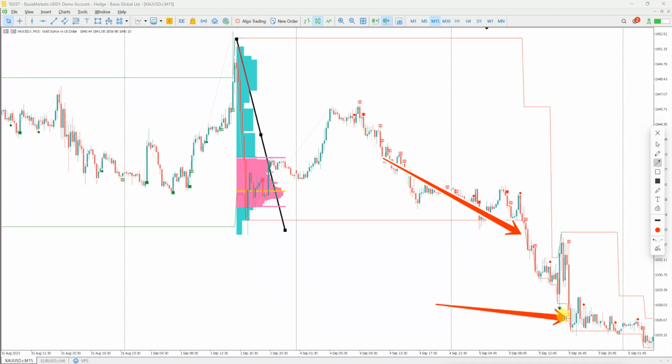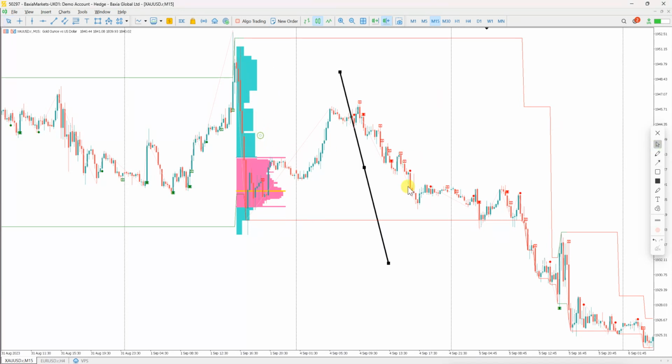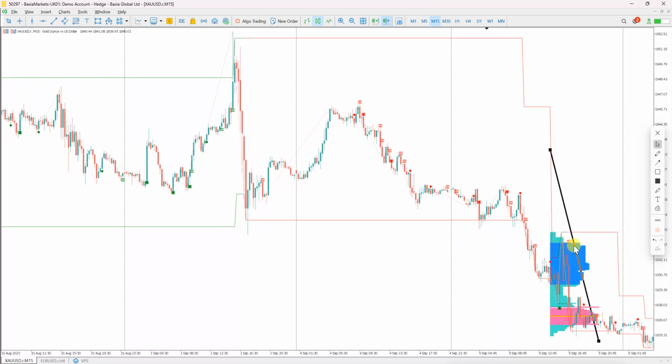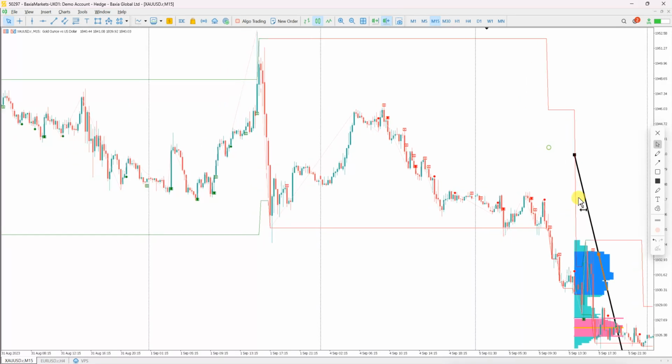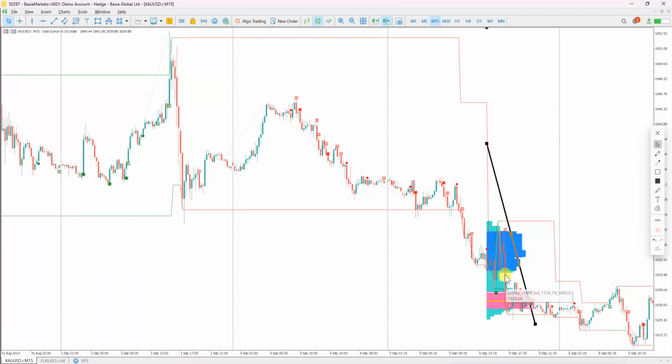Here, if I plot volume profile from here to here, this will be a POC. Let's see. You see there, here you have a low volume area, and we found resistance.